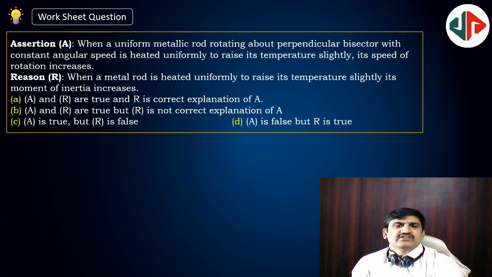See, moment of inertia increases, that is true, because on heating the length increases. What about A? The speed of rotation should decrease, right? Because moment of inertia increases, speed should decrease. So option A is wrong, B is true.